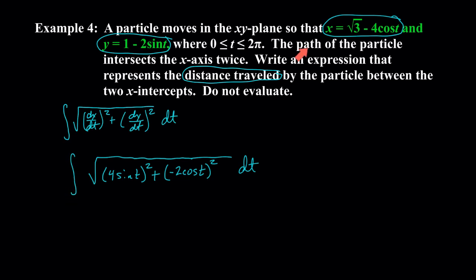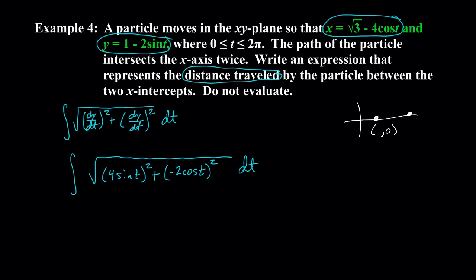Now the next thing we need to figure out is what are the boundaries for our integral here. The boundaries are going to be right here. It says the path of the particle intersects the x-axis twice. And we got to find the distance traveled between those two x-intercepts. Now, if you think about an x-intercept, when you have an x-intercept, that means the y-coordinate is 0.